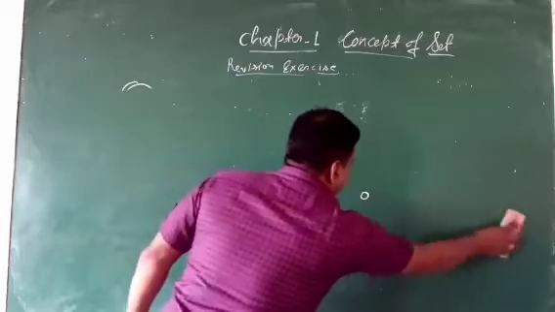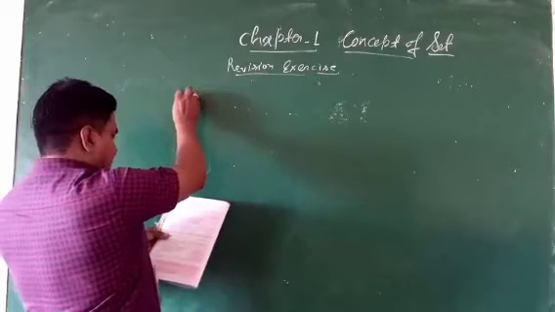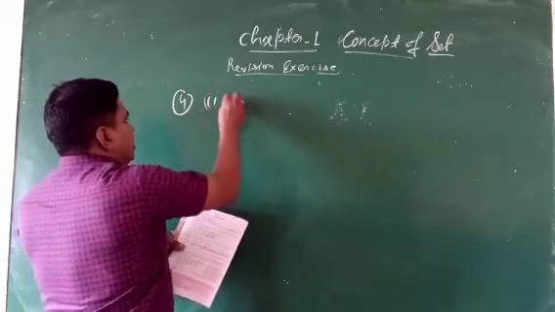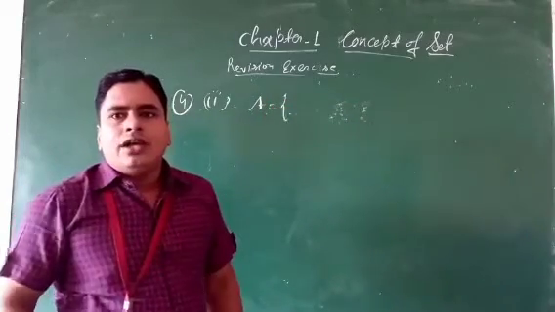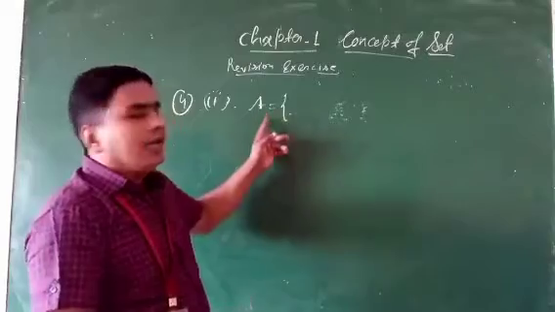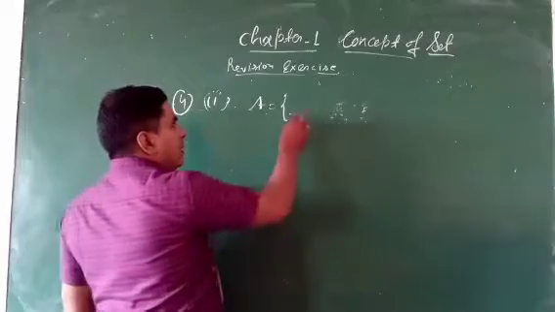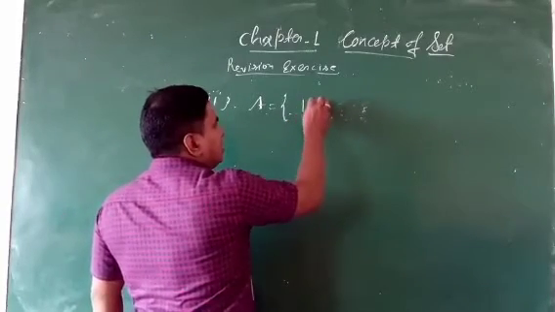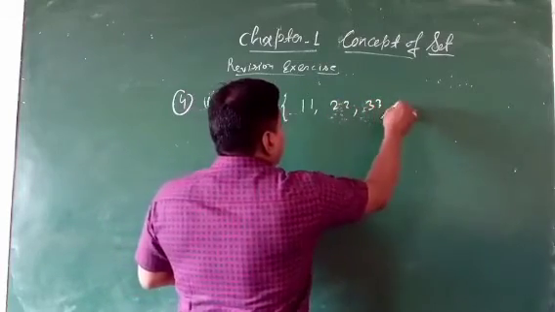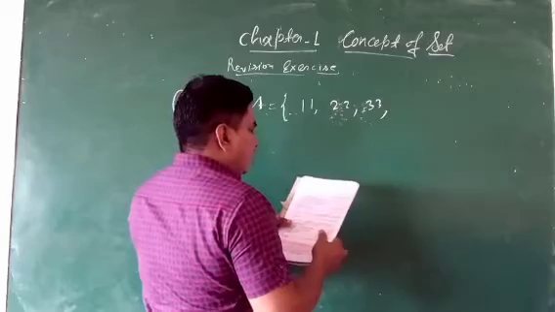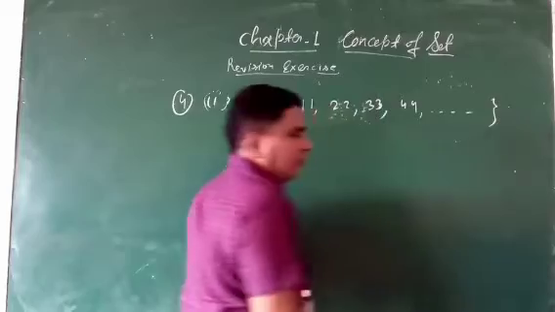Suppose this set is B. Multiples of 11 are 11, 22, 33, 44 and so on.